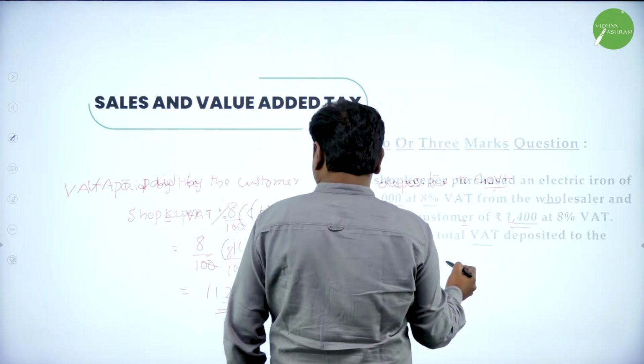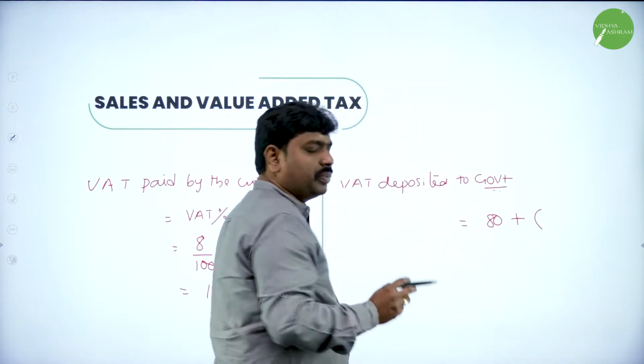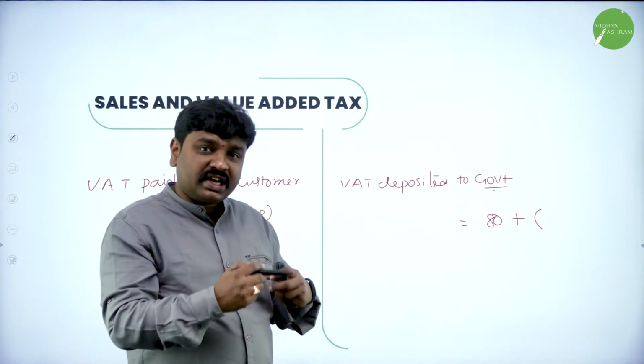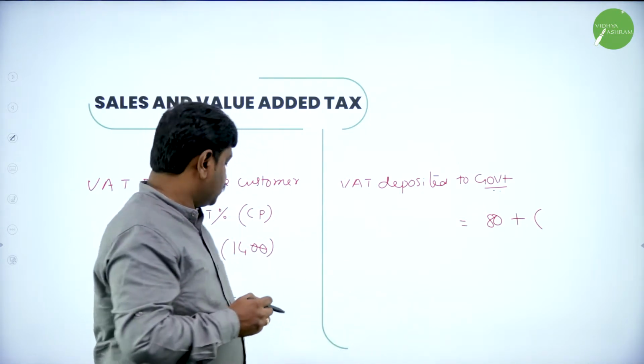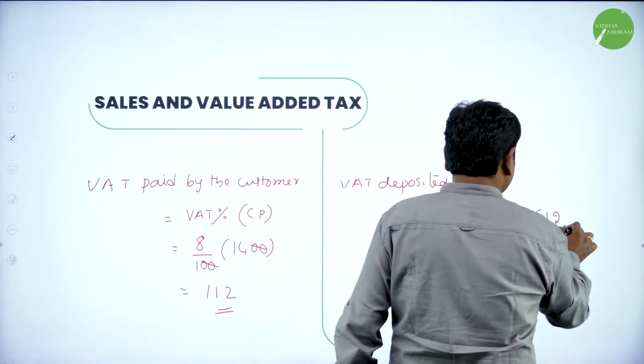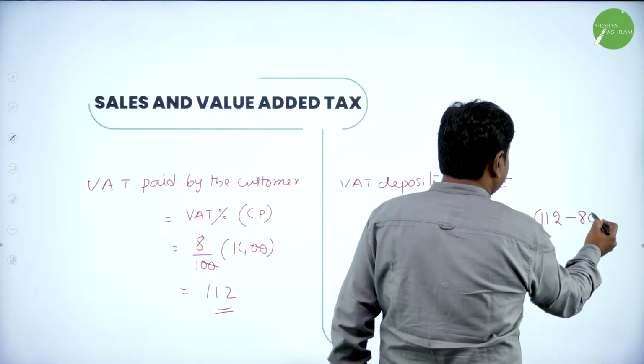See, first shopkeeper deposits 80 rupees plus the buyer. See, buyer will pay to the shopkeeper, shopkeeper will collect his 80 and remaining will pay to the government. So out of 112, buyer will pay 112 rupees to shopkeeper, but already 80 rupees has been included. Remove that 80.